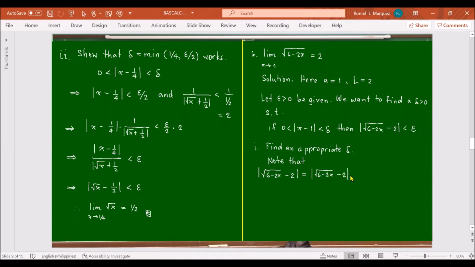So that is square root of 6 minus 2x plus 2, all over square root of 6 minus 2x plus 2.